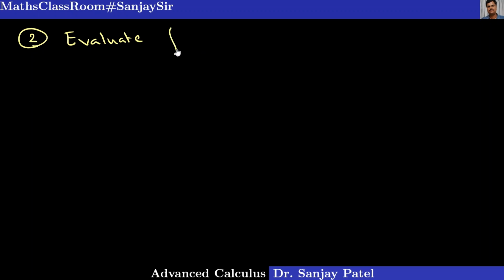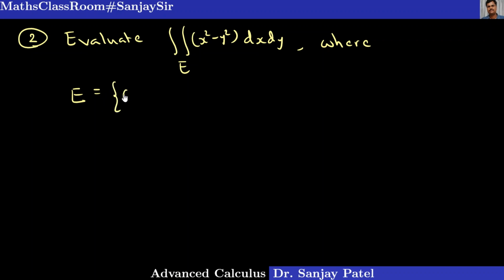Evaluate the double integral over the region E of the function x square minus y square dx into dy, where the region E is given by the set of all points xy belongs to R2 such that 0 less than or equal to x less than or equal to 1.